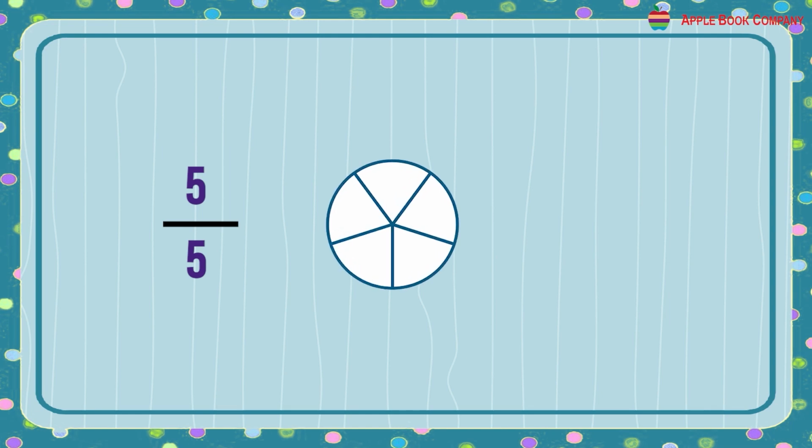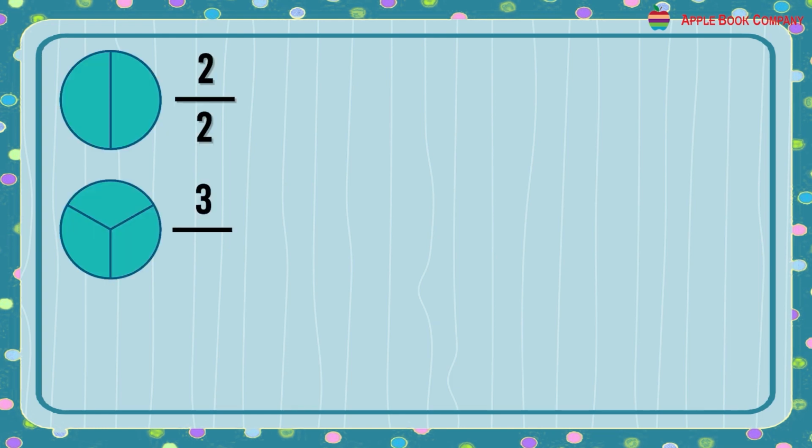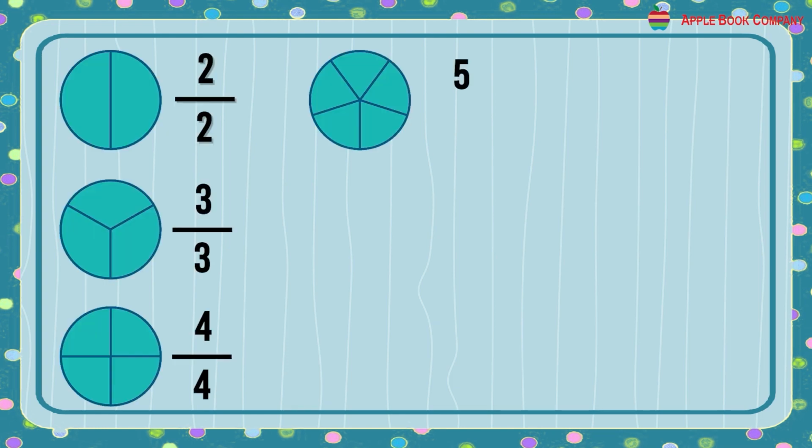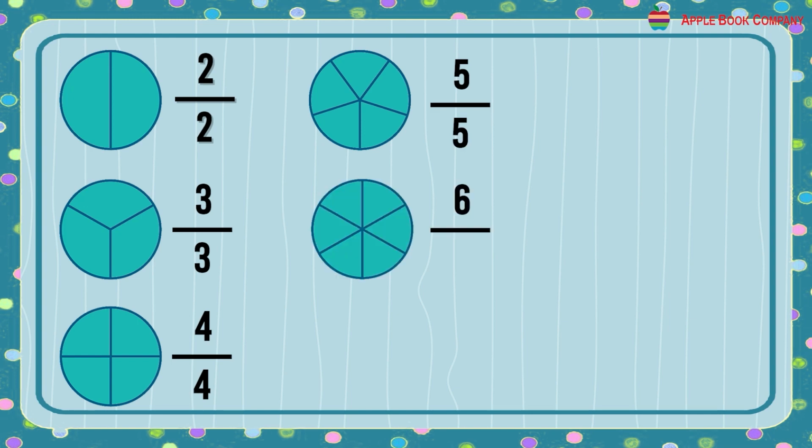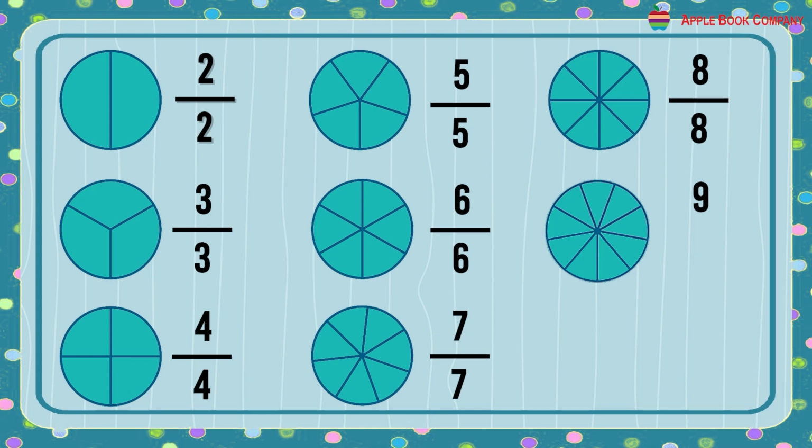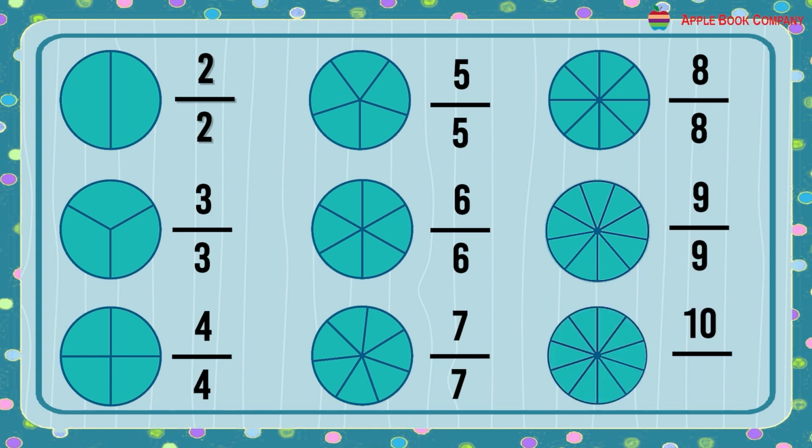When we take all the equal parts made, it is a complete whole. 5/5 is a complete whole. Similarly, 2/2, 3/3, 4/4, 5/5, 6/6, 7/7, 8/8, 9/9, 10/10, and so on are each a complete whole.